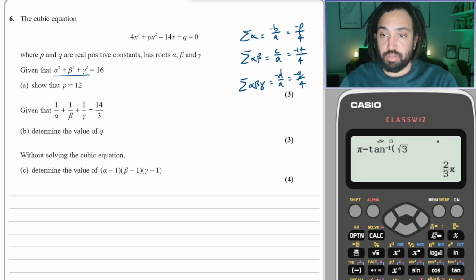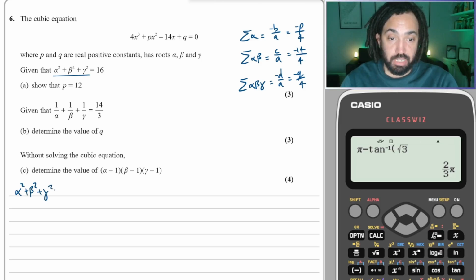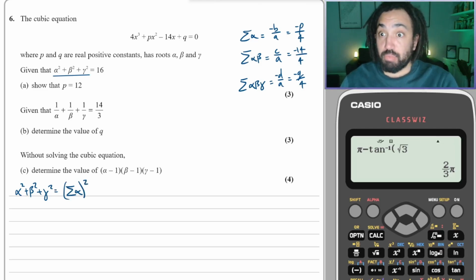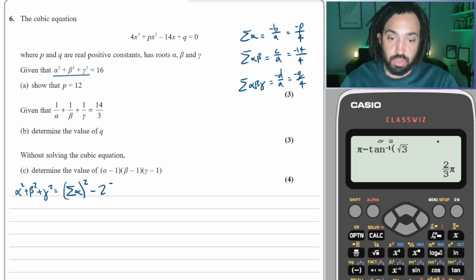Okay, so you should know from your notes that alpha squared plus beta squared plus gamma squared is equal to the sum of the roots squared minus 2 lots of the sum of the pairs.